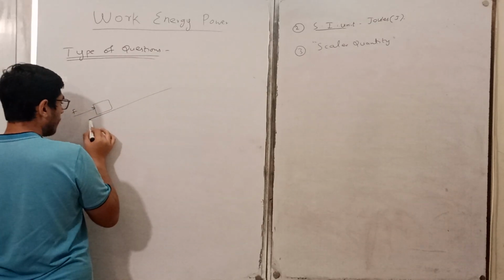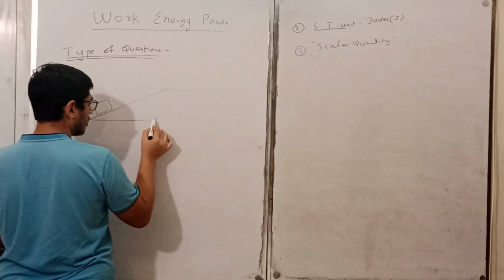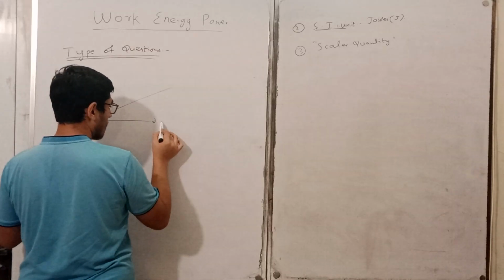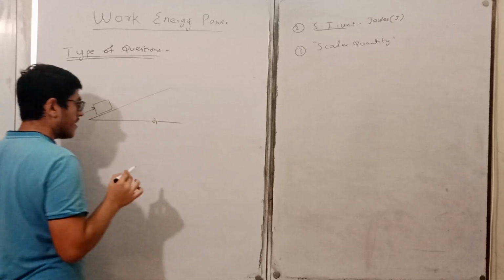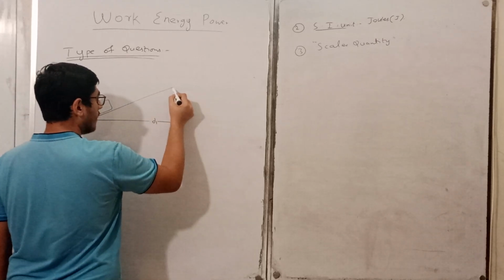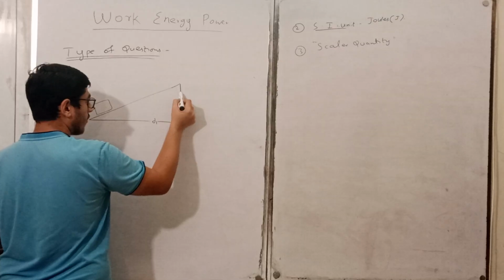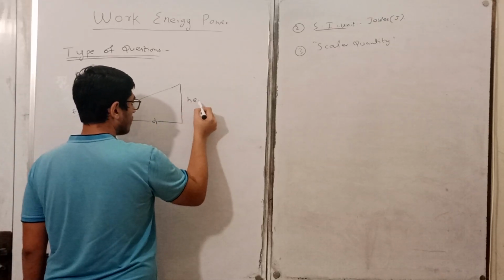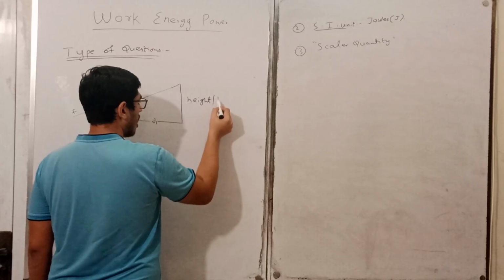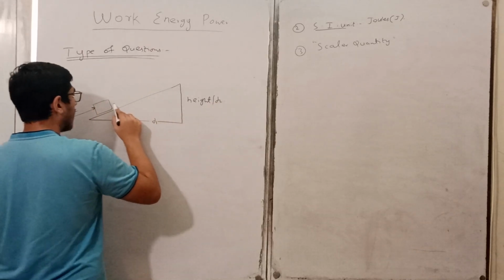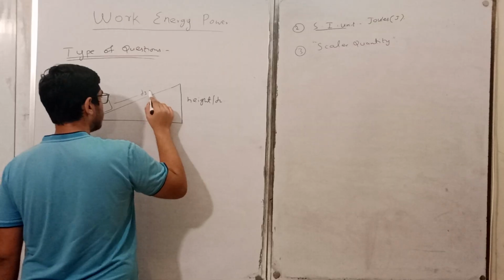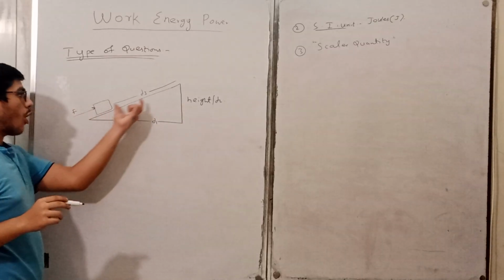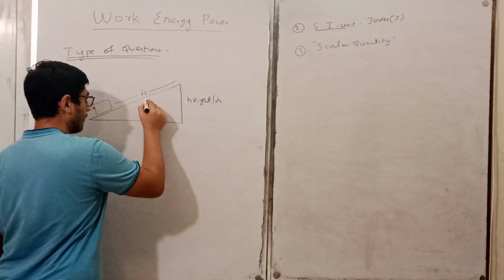First, that is covered horizontally, let's say D1. The second, that is covered vertically from the ground, that is height or D2. And the third one, D3, that is covered along the inclined plane.